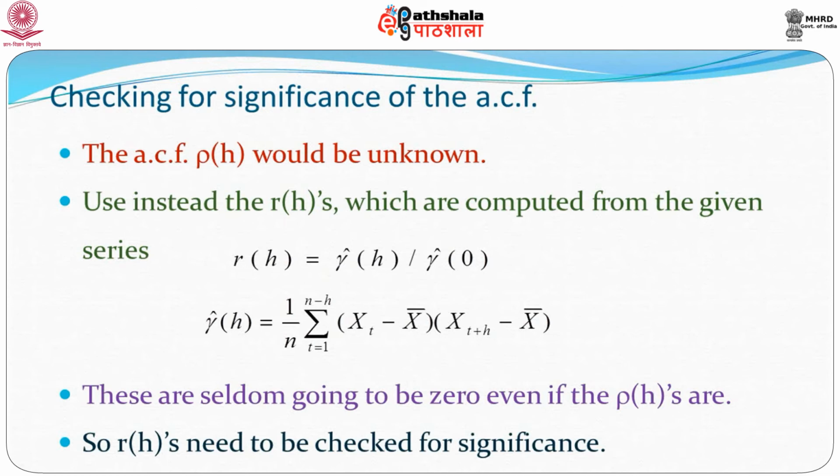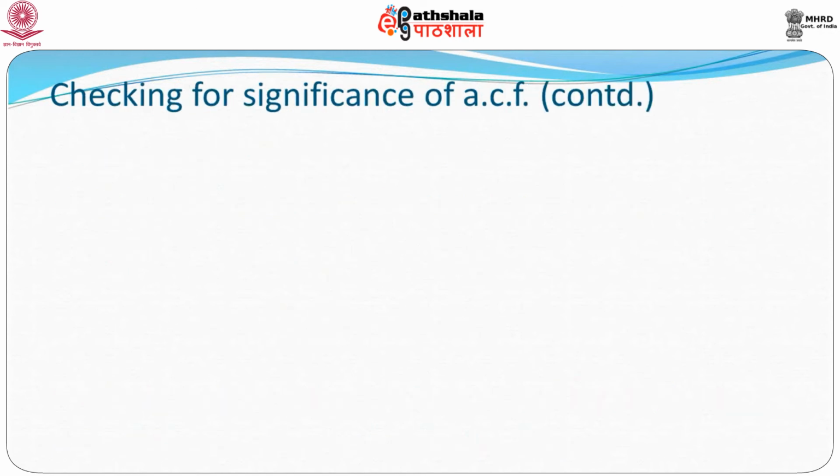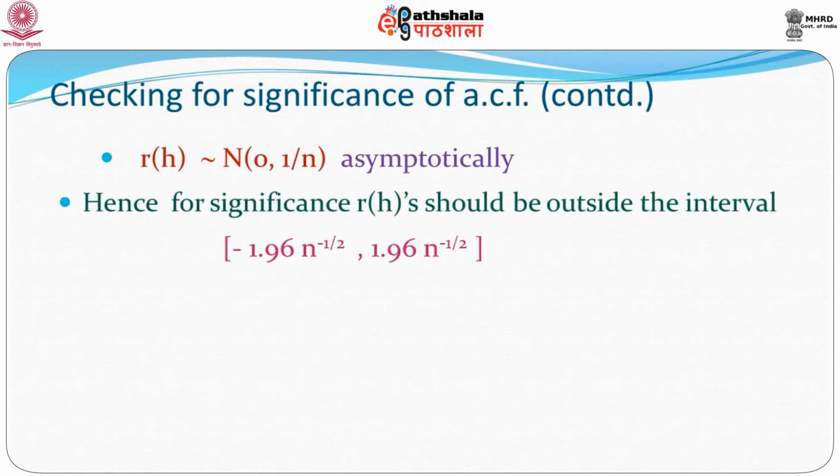If they are insignificant, you will say that the corresponding rho h can be taken to be 0. Now, the r_h's are normally distributed asymptotically with mean 0 and variance 1/n. Hence, for significance of r_h's, we would look at the interval minus 1.96 n to the power minus half and 1.96 n to the power minus half.